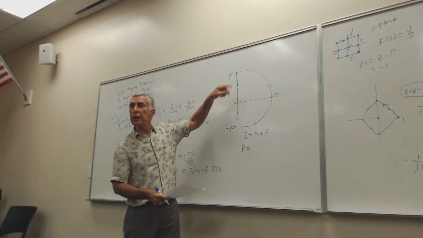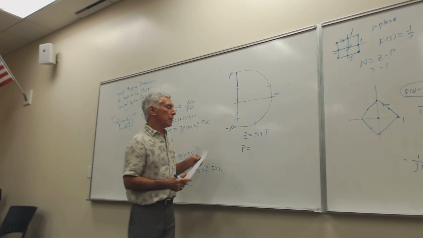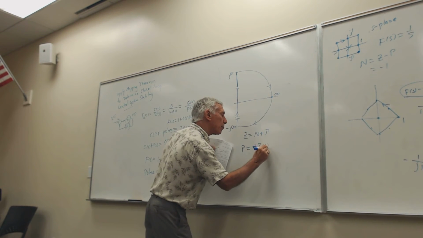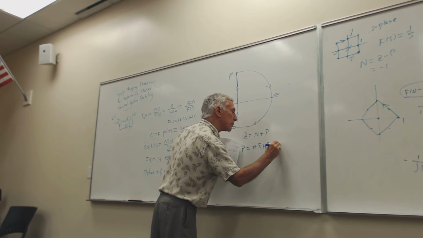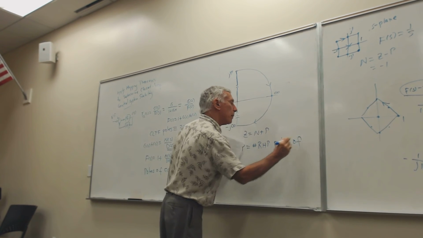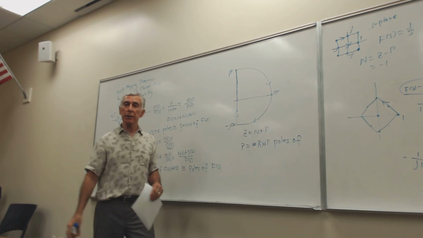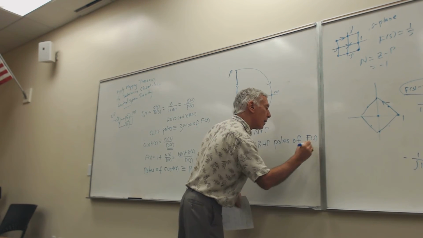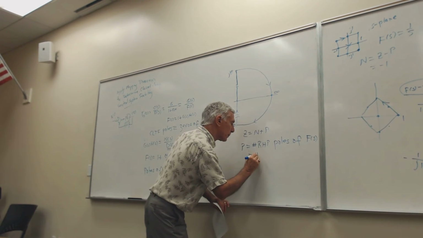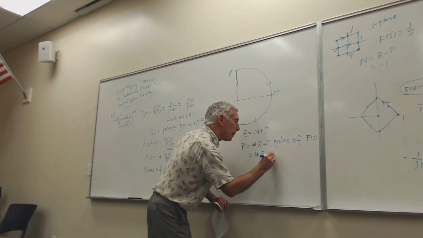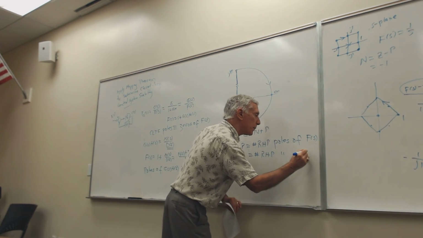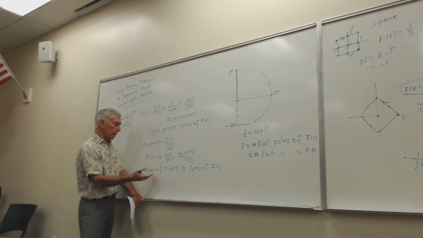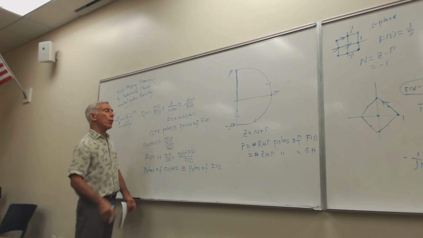This contour here encloses the whole right half plane. So P is equal to the number of right half plane poles of F of s. And P is likewise equal to the number of right half plane poles of GH, because that's just what we said here. The poles of GH are equivalent to the poles of F.